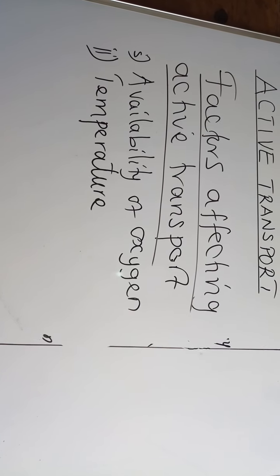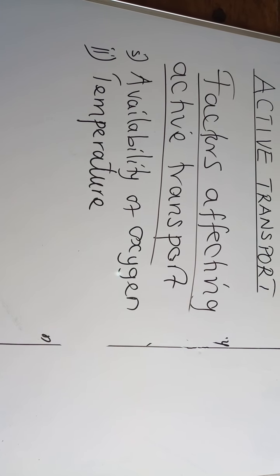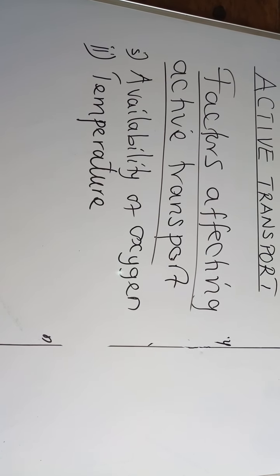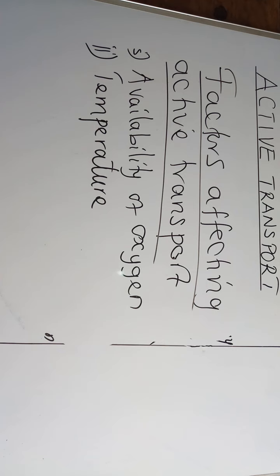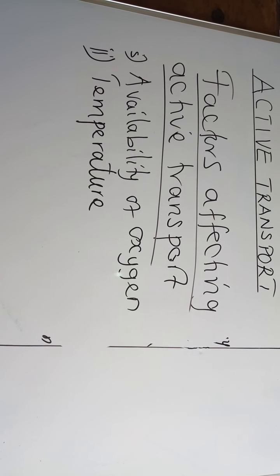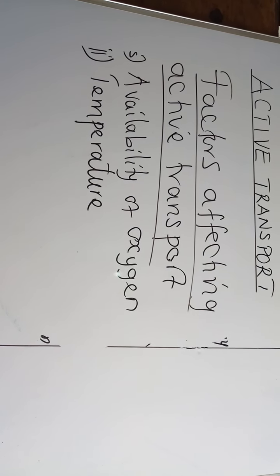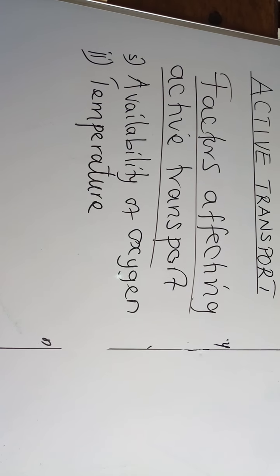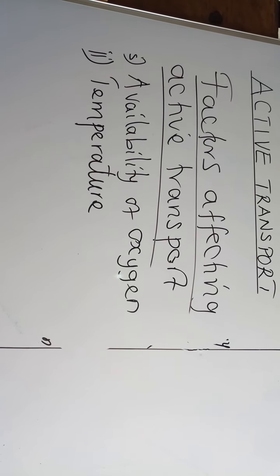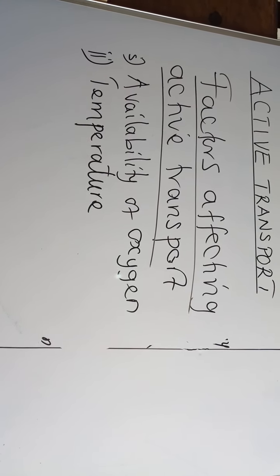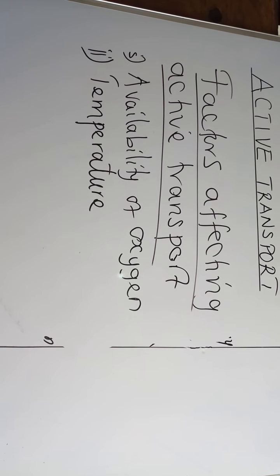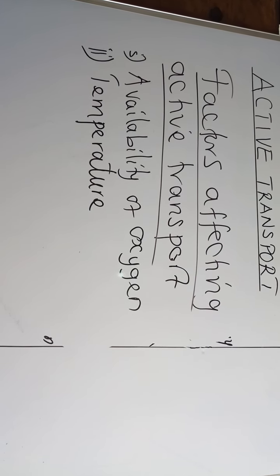The process of aerobic respiration is controlled by enzymes which are found inside the mitochondria. So when temperature is at its optimum level, 35 to 40 degrees Celsius, the rate of active transport will be fast because a lot of energy is produced at a faster rate from aerobic respiration.